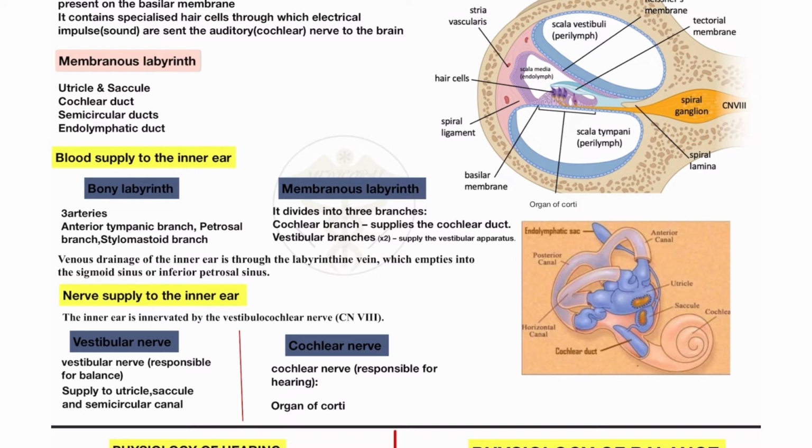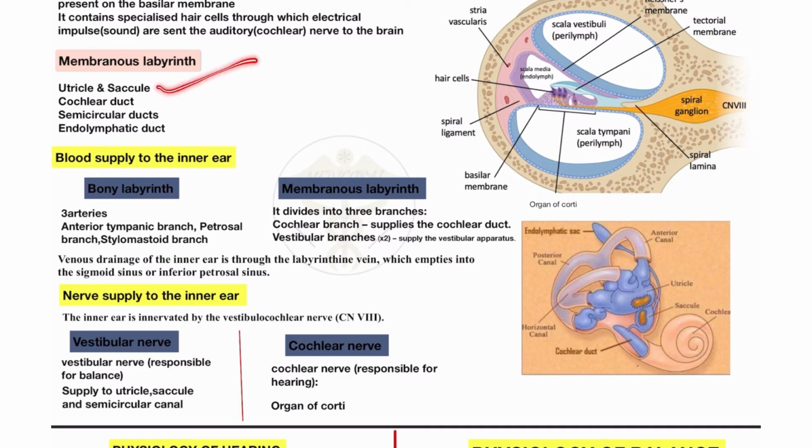Here you will see the utricle and saccule, and the cochlear duct, which opens into the saccule. The semicircular duct opens into the utricle. So please learn: the semicircular duct opens into the utricle, and the cochlear duct opens into the saccule.